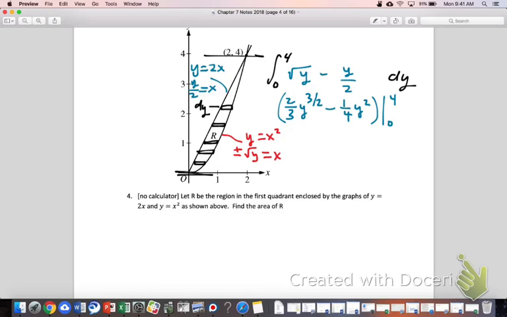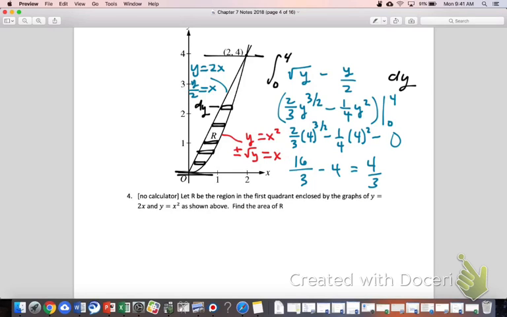So I plug in a 4: 2/3 times 4 to the 3/2 minus 1/4 times 4 squared. And thankfully when you plug in a 0 for both of those y's, you do get just a 0. Every now and then we have struggles with this: what is 4 to the 3/2? 8, that's right. So that would be 16/3 minus 1/4 of 16, which is 4. And look at that, 16/3 minus 12/3.